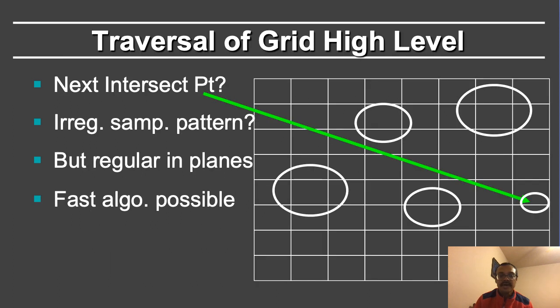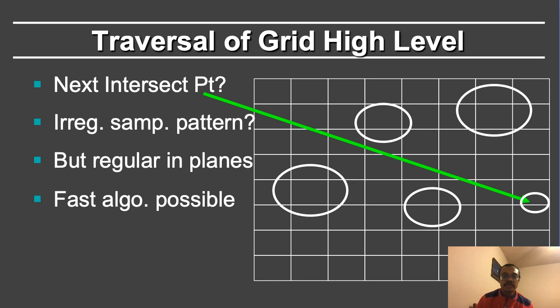We will close out this segment by talking about the traversal of the grid. I will note that this is really a very high-level discussion, and you will need to actually think about the practical implementation. Conceptually, it's straightforward.